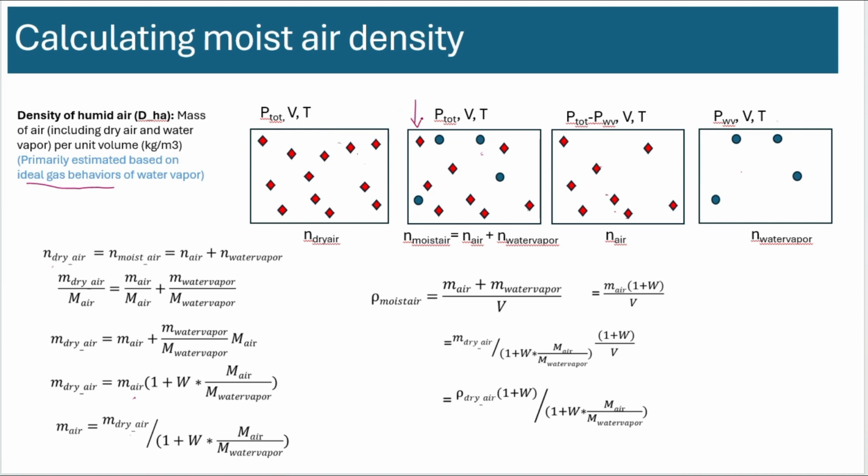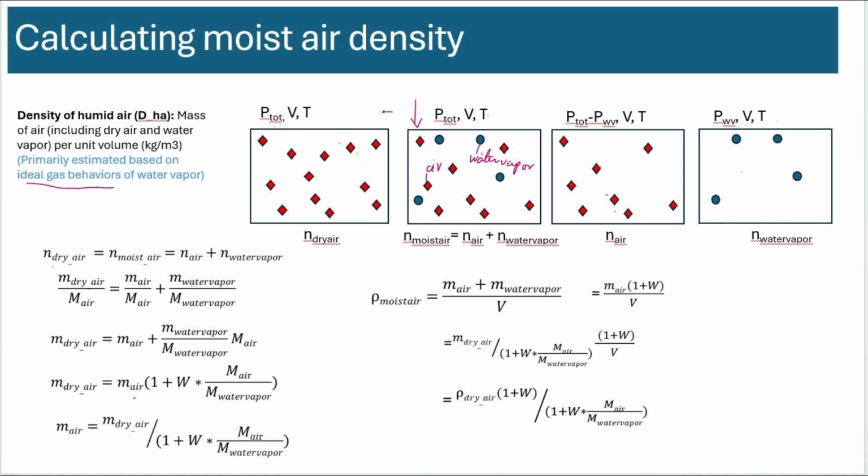Now, this is the condition that we want to calculate the moisture density for. So it's a chamber with both air and water molecules or water vapor molecules. Okay, so that is at a particular total pressure, volume, and temperature.